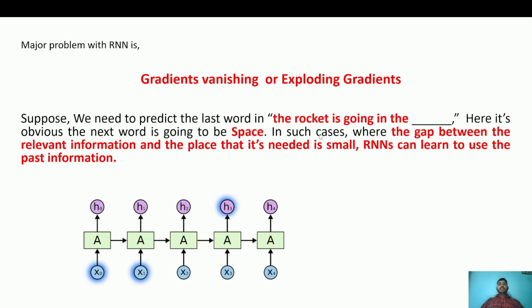In such a case, where the gap between the relevant information and the place where it is needed is small, here you can see the sentence is too small, RNN can learn to use the past information, so RNN is able to predict this kind of next word problem.